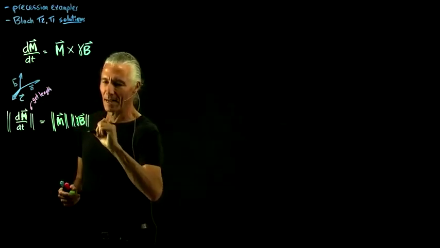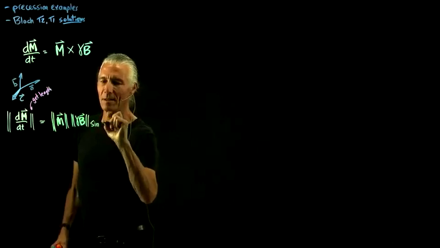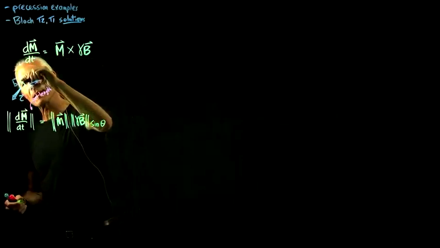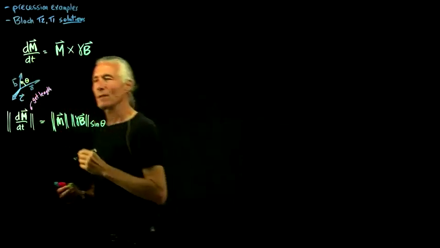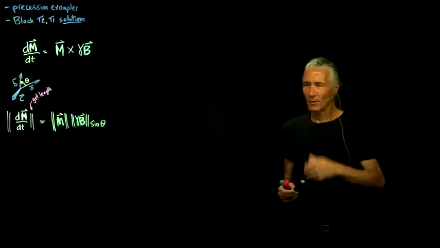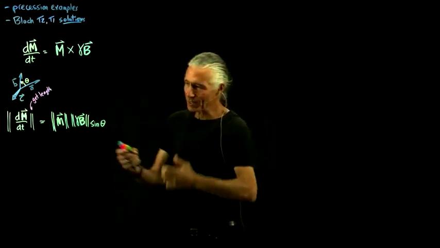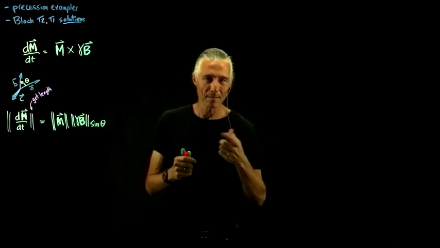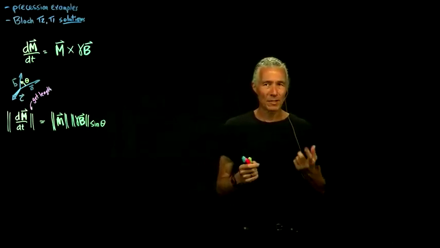So the length of that times the sine of the angle. And what is the angle? The angle between the two vectors that you're multiplying. And so all we're going to do for the first half is just operate this equation to see what it implies about the precession frequencies.